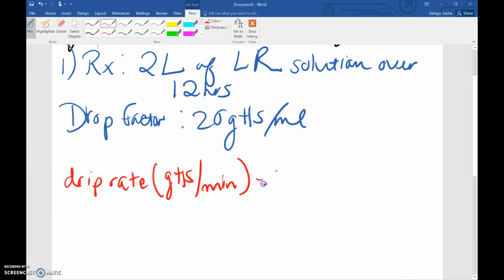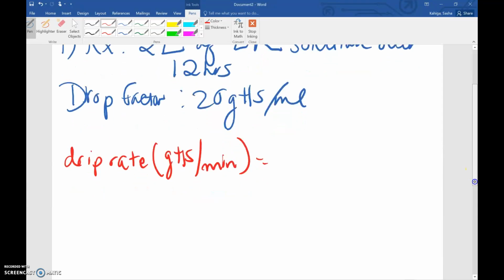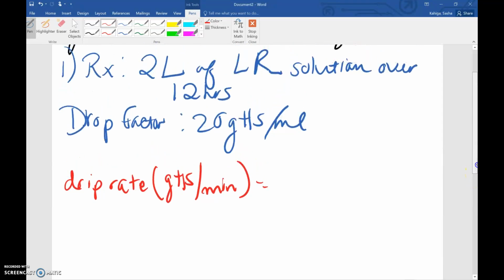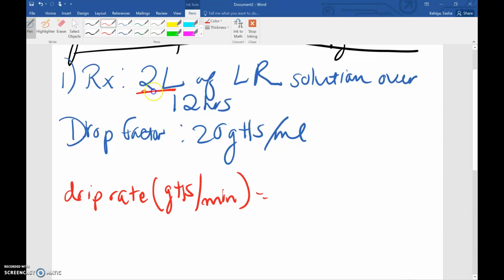In order to solve that, you have to take the total amount of milliliters the patient is receiving. So in this case, they're receiving 2 liters. Well, that's 2,000 milliliters over the total amount of minutes. Well, the time is in hours, correct? So you need to change 12 hours to minutes by multiplying by 60.